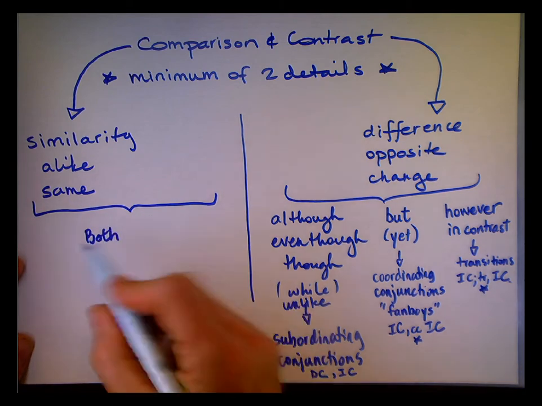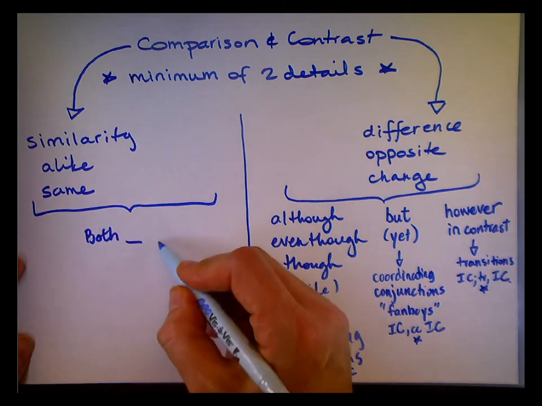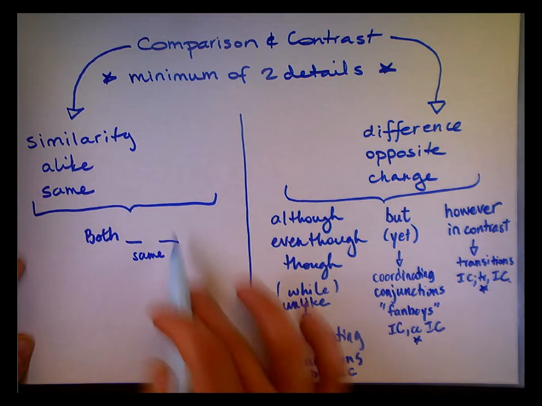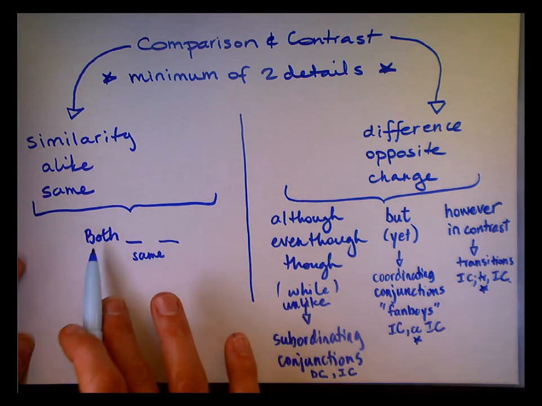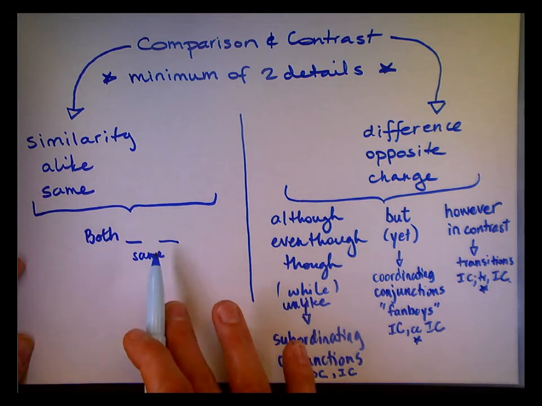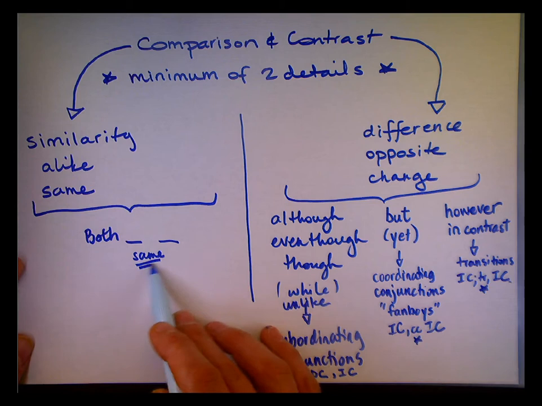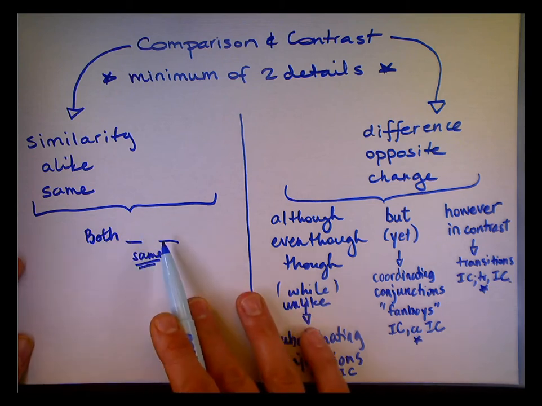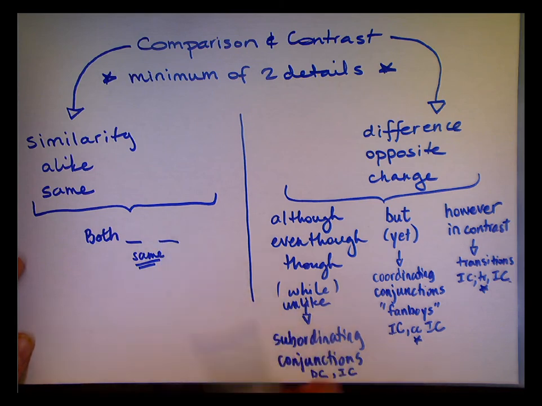There aren't as many words for comparison. Comparison has almost the same words here. Very few words. You can use the word both, and then you could talk about both this thing and this second thing, how they are the same. So there will have to be something in the detail itself with this word that lets you know that it's not just addition.